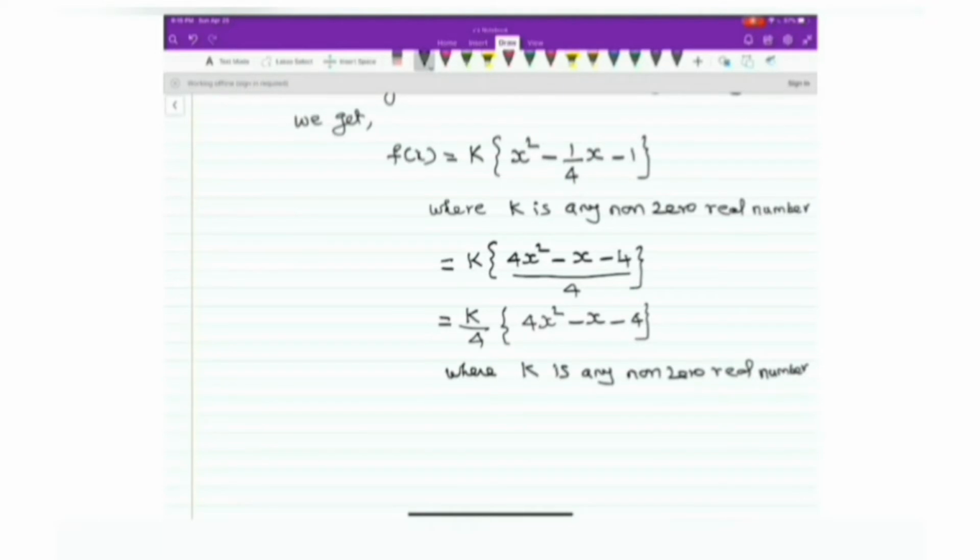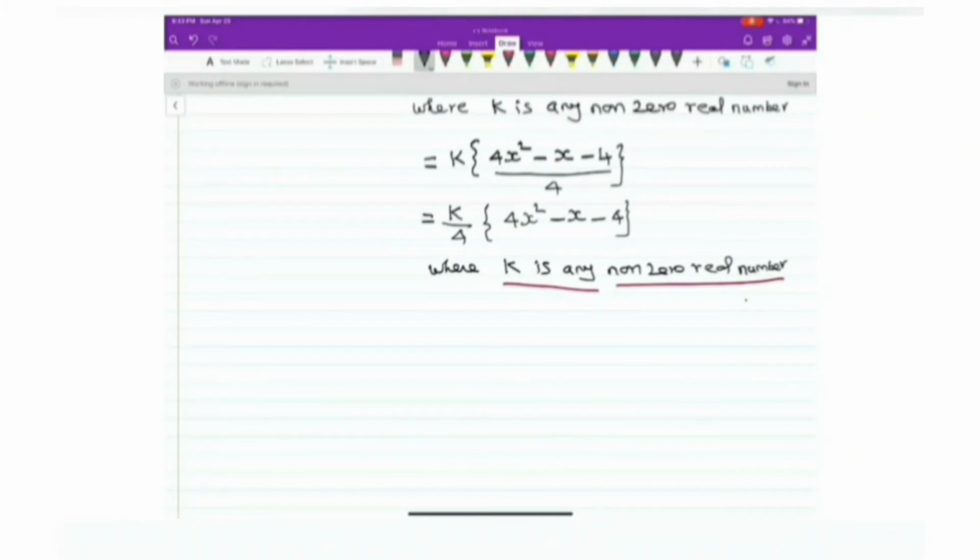Same way, if you give the value of k as 1, then also you will get a quadratic polynomial which will satisfy the given conditions. You can just write one quadratic polynomial which fits the given conditions is f of x equal to 4x square minus x minus 4. That is more than enough.